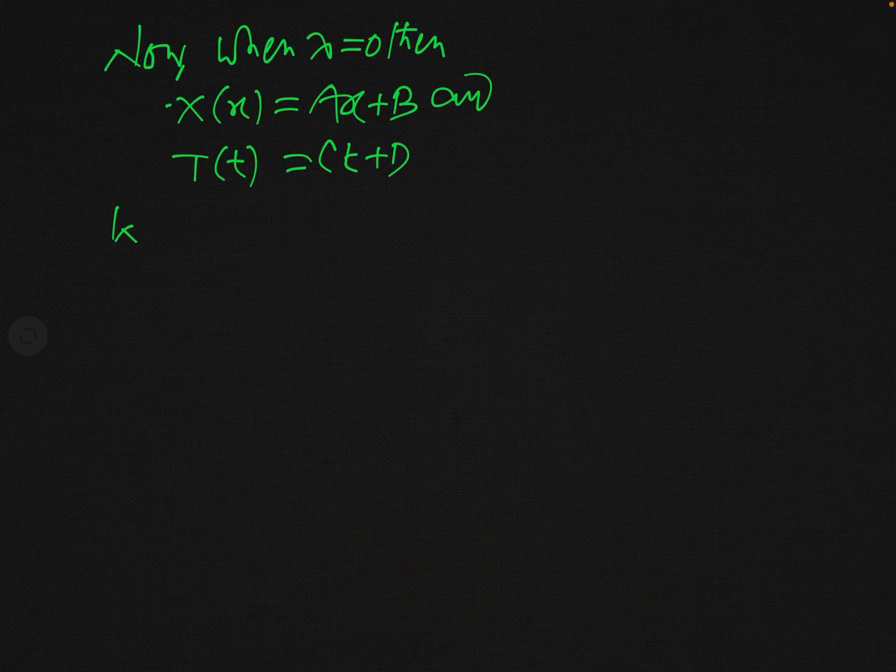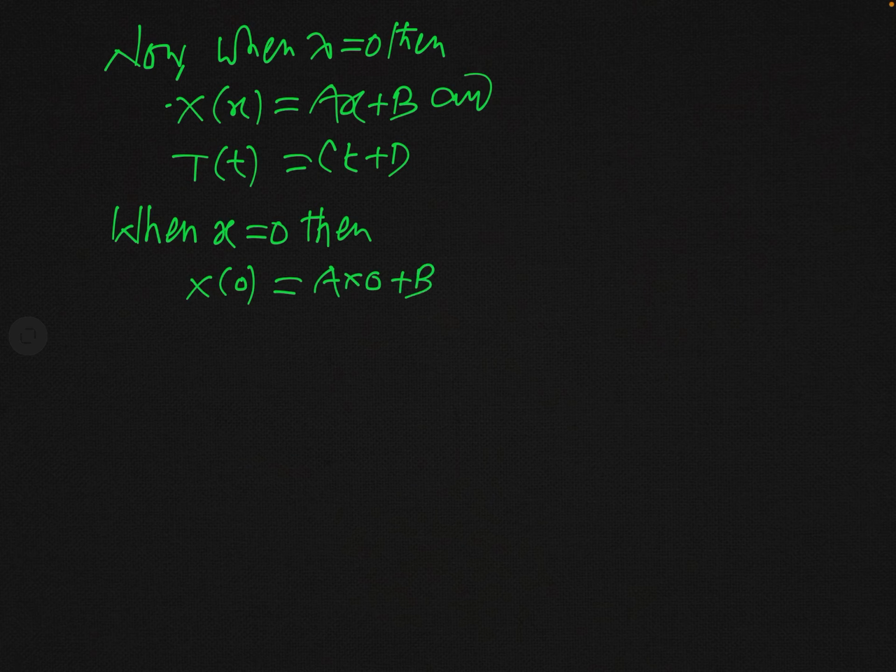So you can say when x is equal to 0, then X of 0 equal to a into 0 plus b.